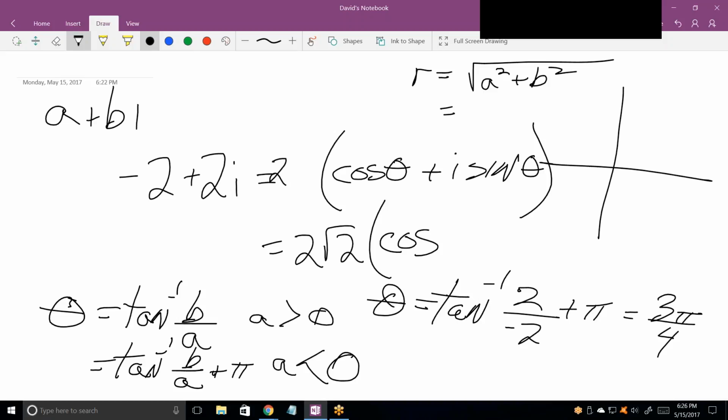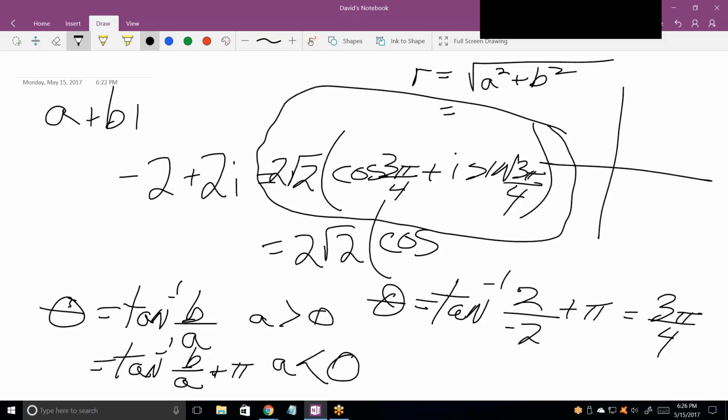2 root 2 cosine of 3 pi over 4 plus i sine of 3 pi over 4. That's my final answer right there. There's no simplification going to be done. Guess what would happen if I simplified it?